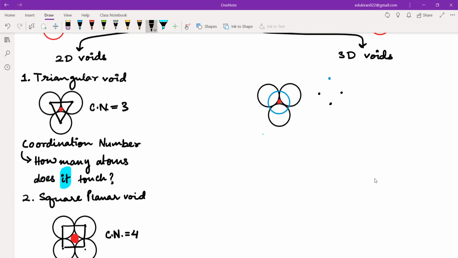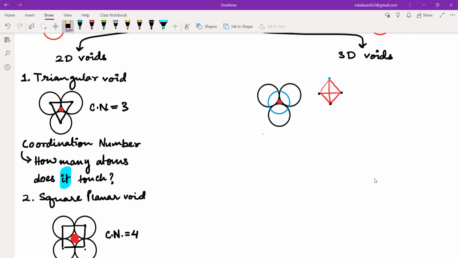If I join the midpoints now, it will be a bit difficult for you because you know the name of the shape, but you have not identified the shape. So what do you think? What is the shape? Tetrahedral. Correct. Generally, you know tetrahedral in this way, but please remember that these two things are the same.